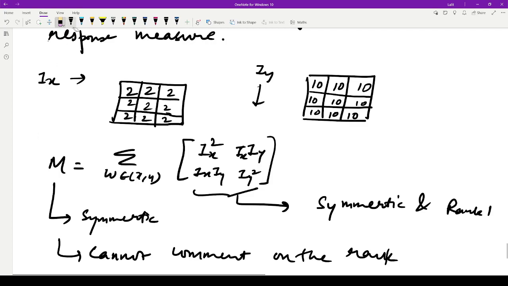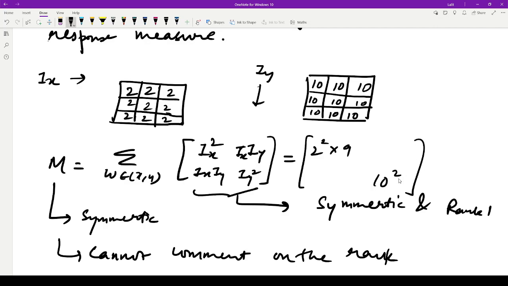What we need to find here is we have to square the gradients in x and sum them, multiply the gradients and sum, and square the gradients in y and sum them. So it's 2 square into 9 here.